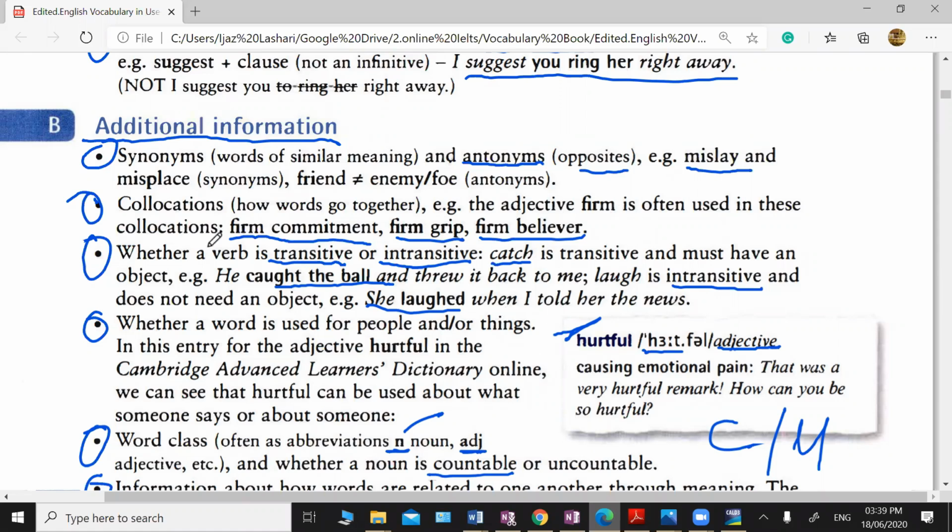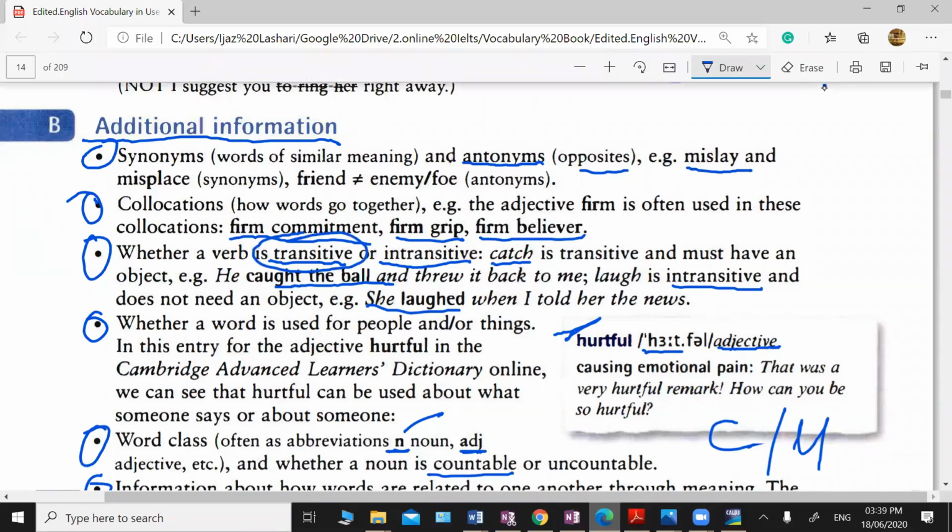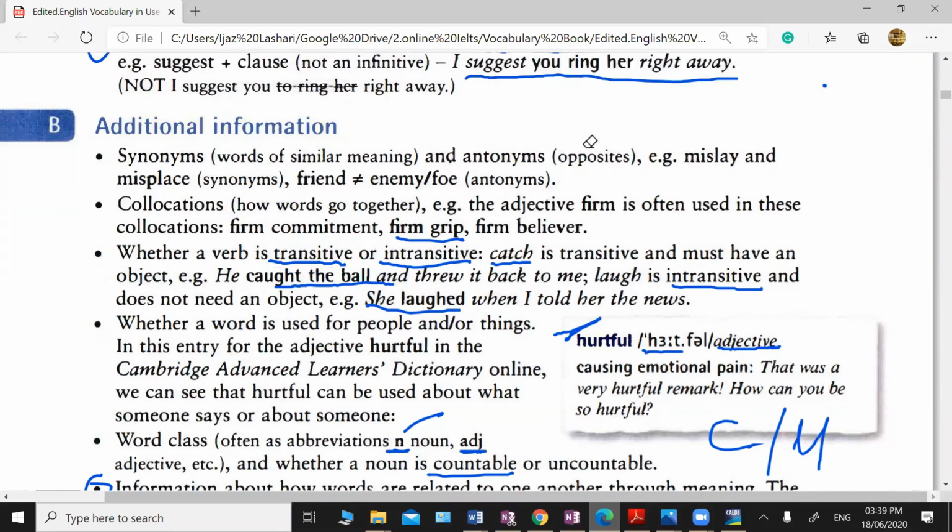Okay. Next one, we also studied transitive and intransitive verbs. Can you tell me now? I explained what is transitive and what is intransitive verb.